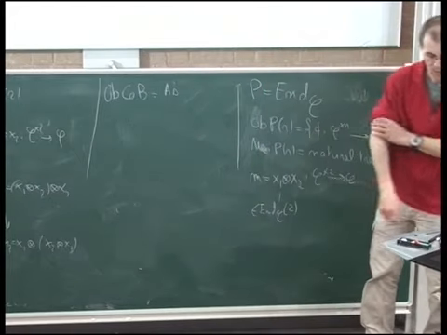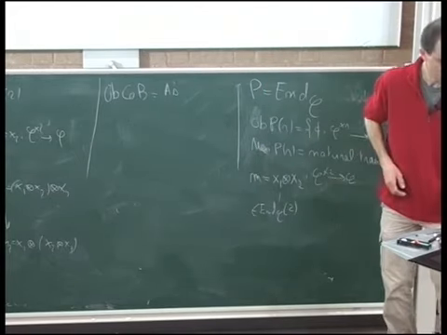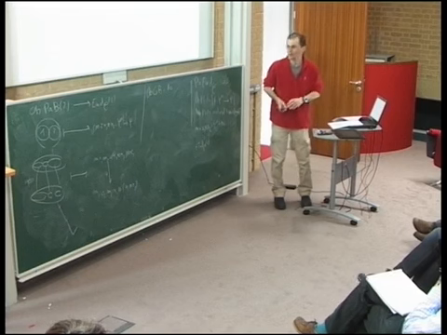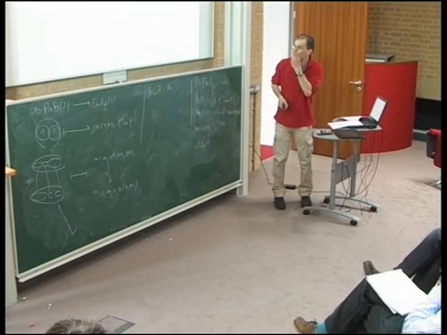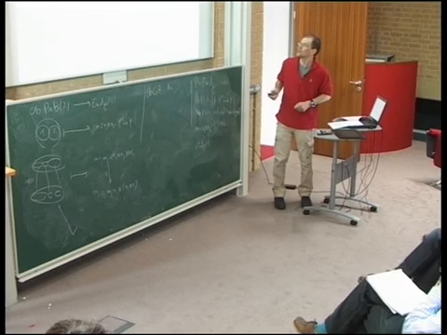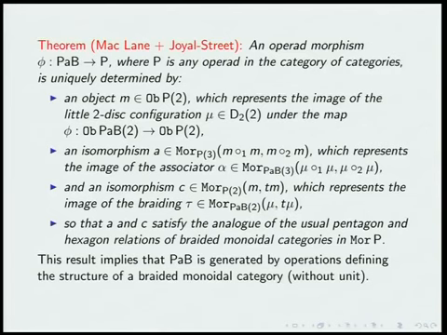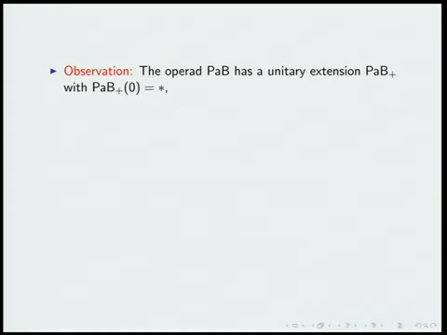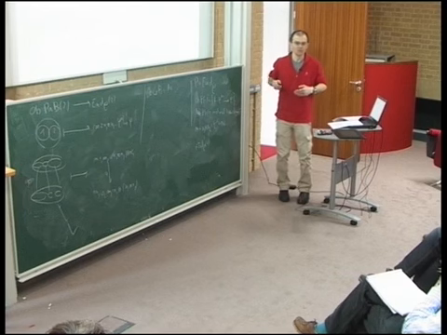So PAB is the operad governing braided monoidal categories, but for a moment without units. So actually, I need to consider strict units. That's why I'm adding units in the second step.